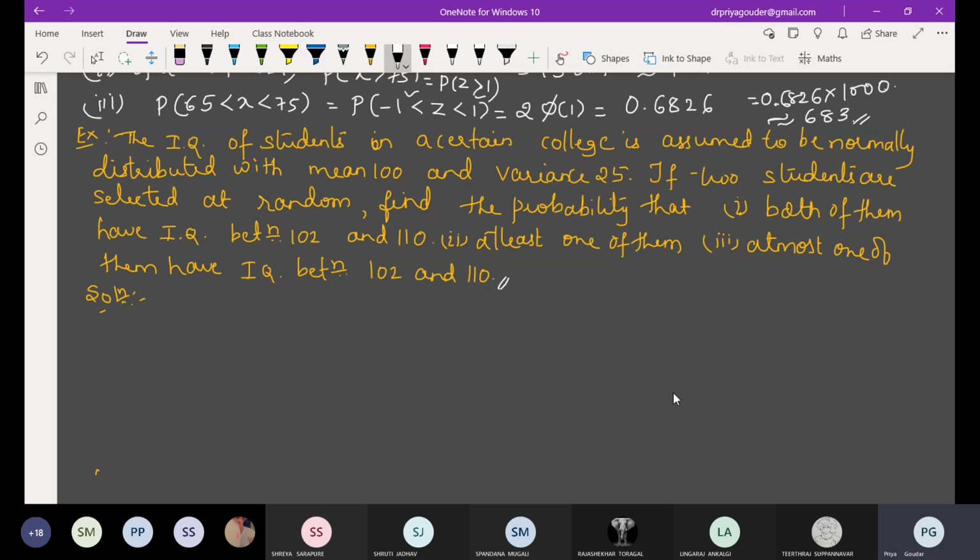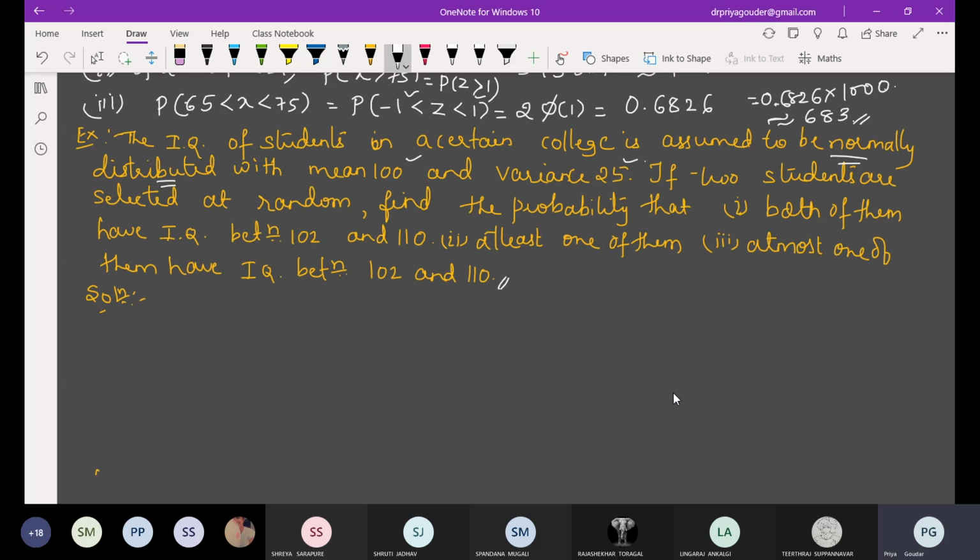So here, try to understand the question first. Clearly they have given that it is normally distributed, which means normal distribution. And for normal distribution, what is required? Mu and sigma, which is clearly given over here.